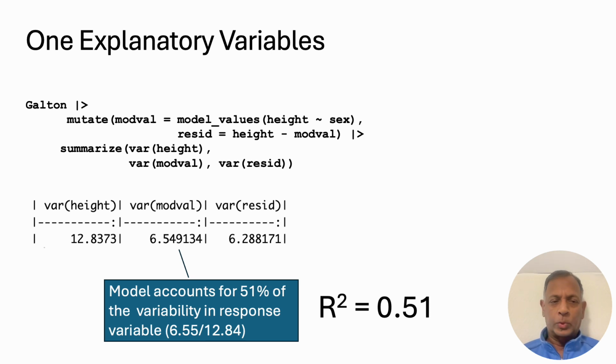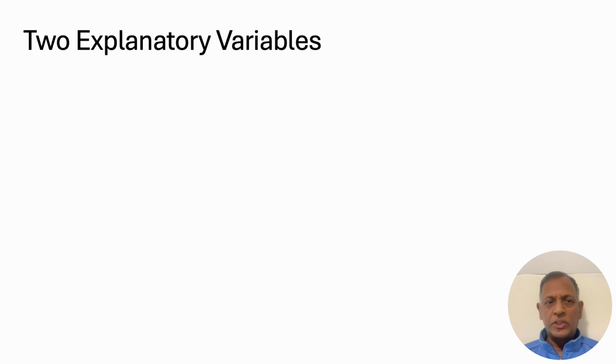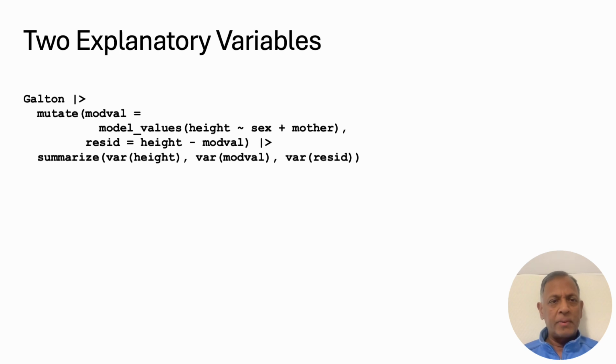That's the R square, which is nothing but the proportion of variability that is explained by the model. And we already know that for each of these, the model value is nothing but the average for the corresponding gender.